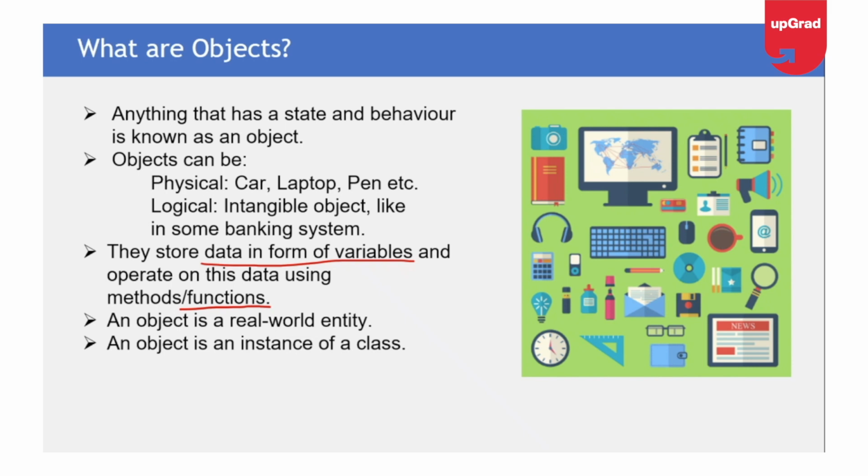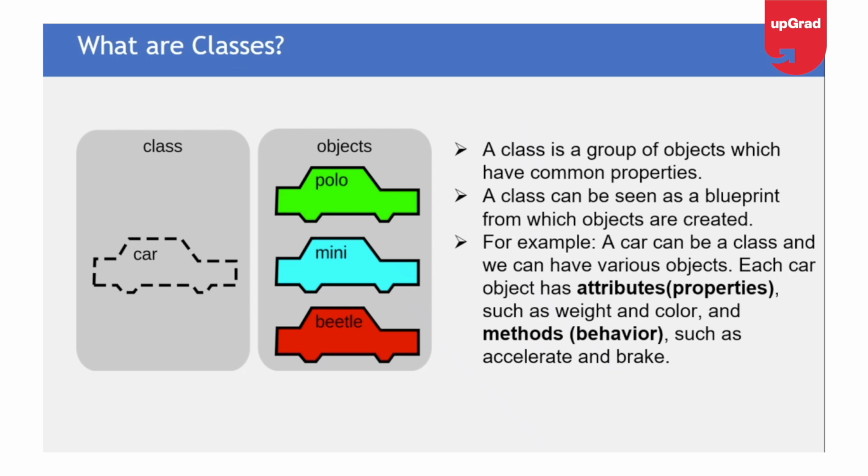Now what do we mean by an instance of a class? First, let's understand what a class is. A class is a group of objects that have common properties. For example, we can say that a car is a blueprint from which we derive multiple objects.